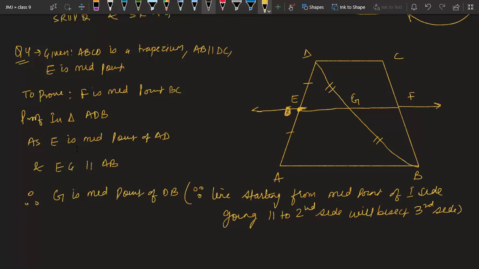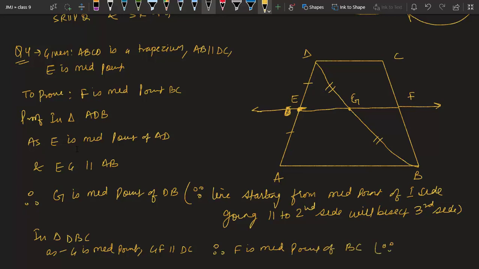Now if you see this reverse triangle, can't you use again the same converse theorem to prove that F is a midpoint? It is very easy. So in triangle DBC, same thing we can say as G is midpoint and GF is parallel to DC, therefore F is midpoint of what?